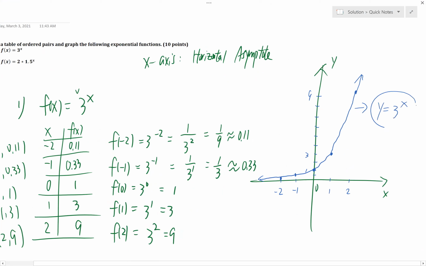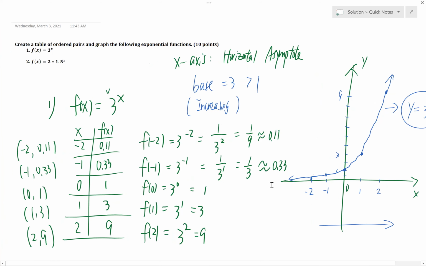From left to right, it's increasing because the base is greater than 1. The base is 3, and 3 is greater than 1, so it's increasing. We also call this an exponential growth model.